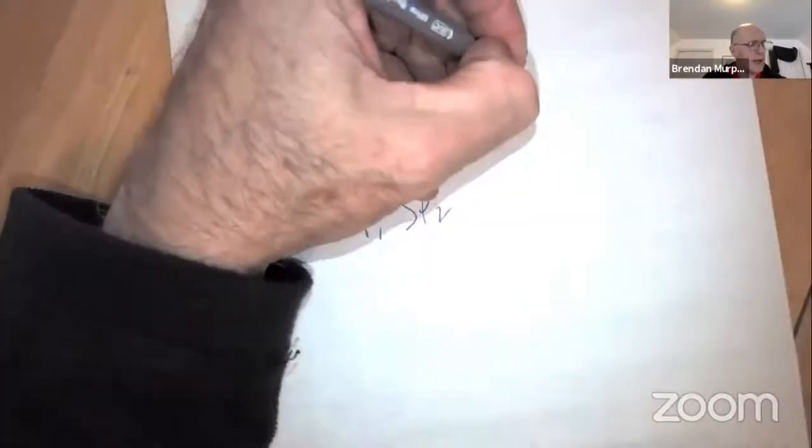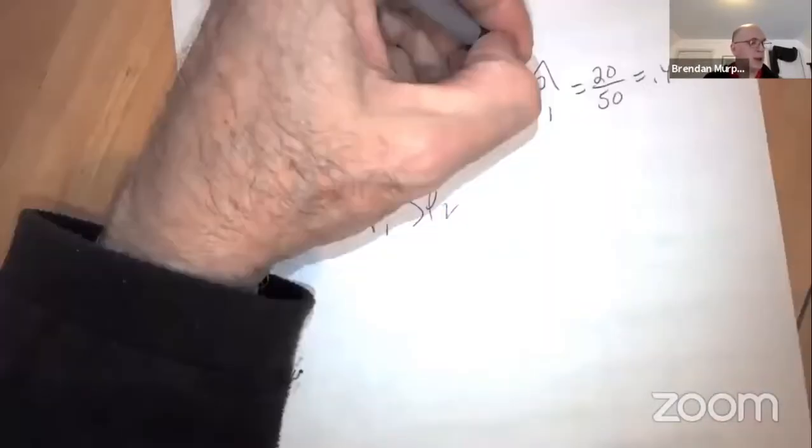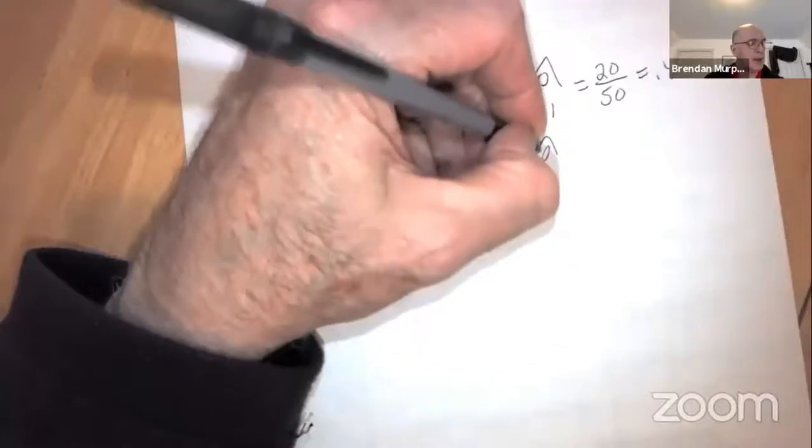So let's say p hat 1 is 20 over 50, or 0.40. So my first sample from some population is 0.40. And my second sample, and I tried to pick relatively easy numbers here, is 30 over 60, or 0.50.